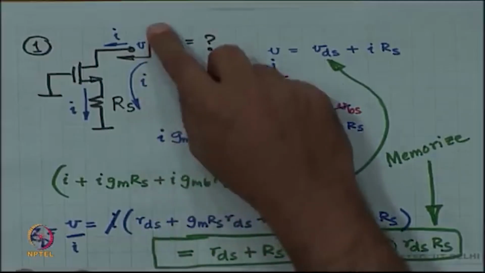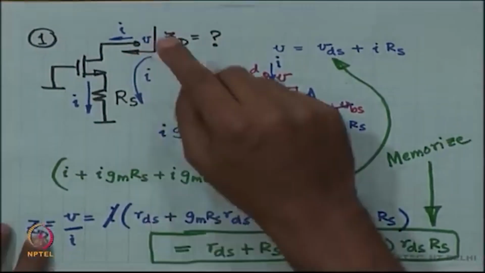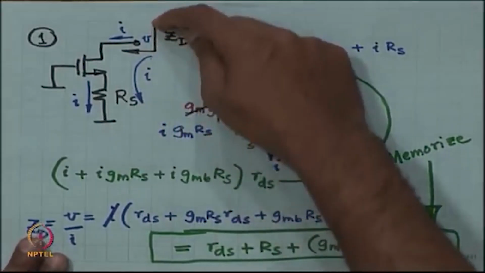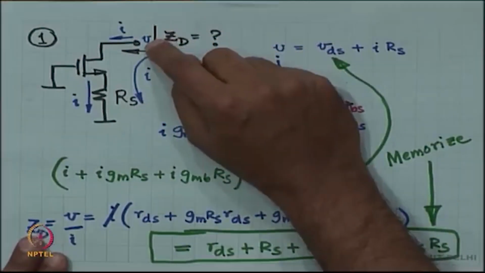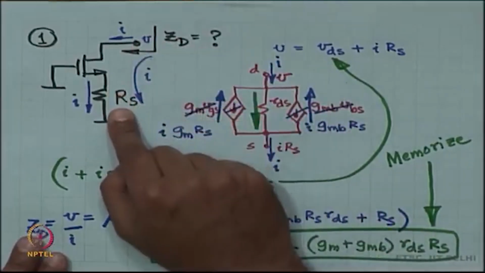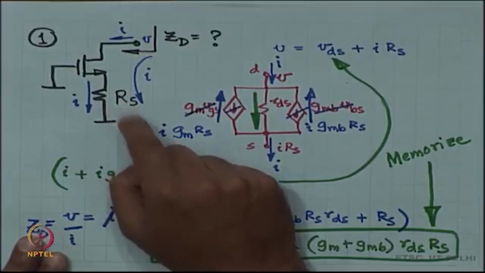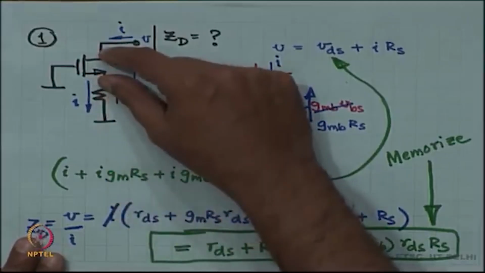Okay. So, once again let us look at it, I am trying to help you memorize this. You are looking into the drain of the MOSFET, you see that on the source of the MOSFET there is RS. So, the net impedance is this source impedance plus the intrinsic gain of the MOSFET times the source impedance plus RDS.